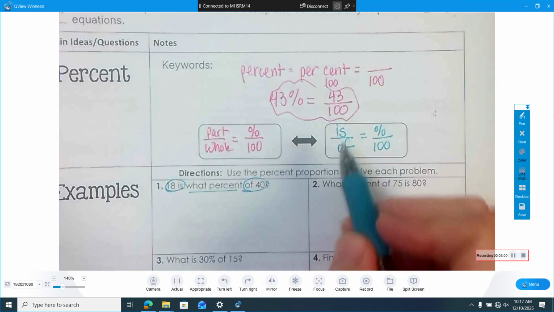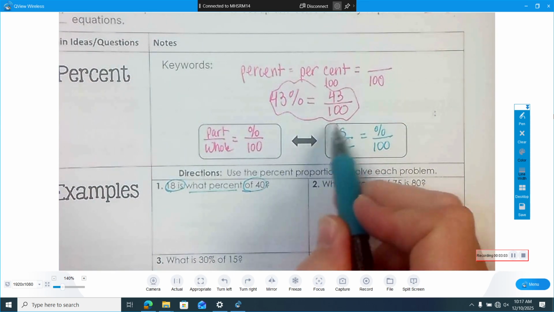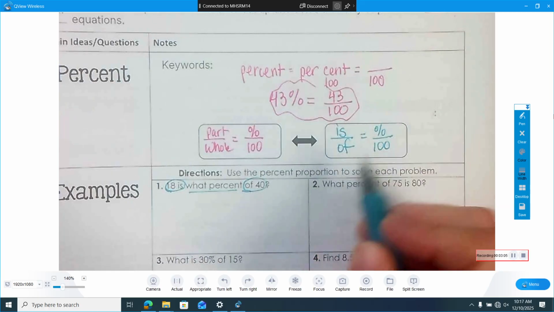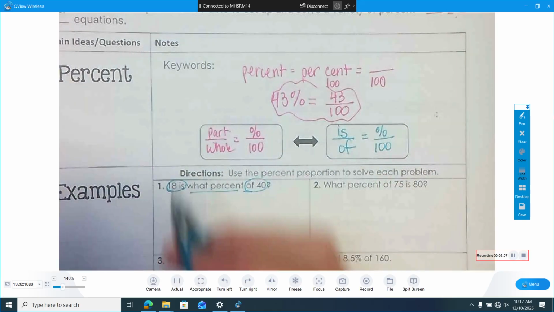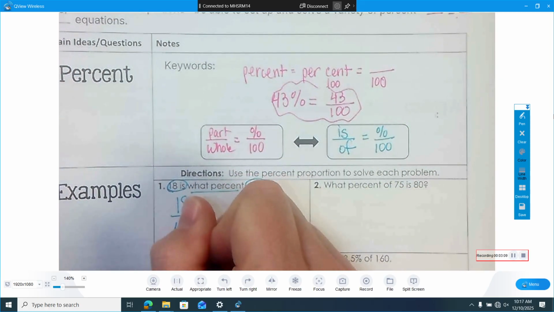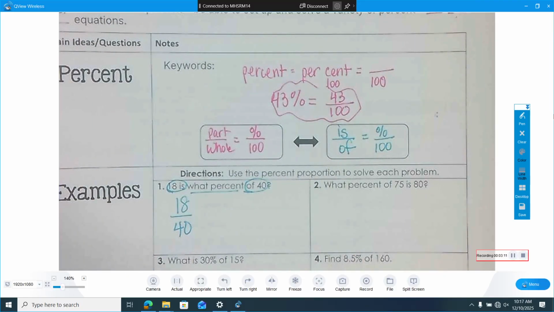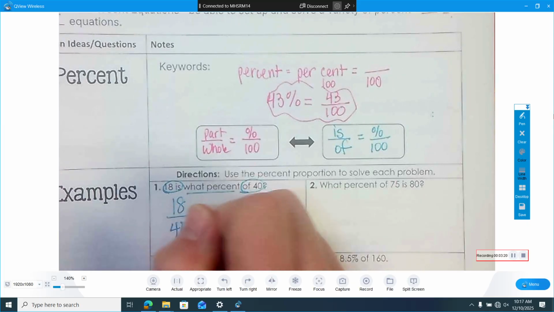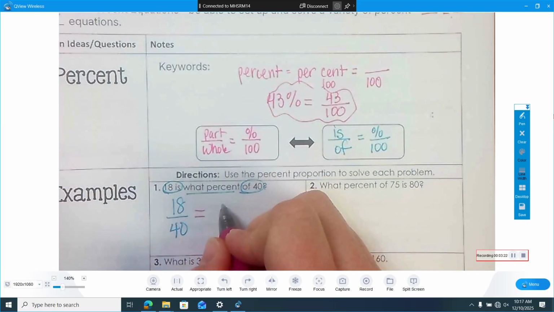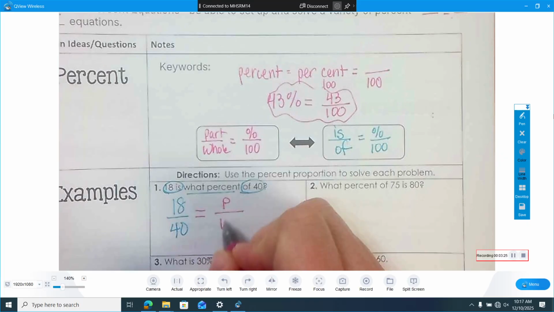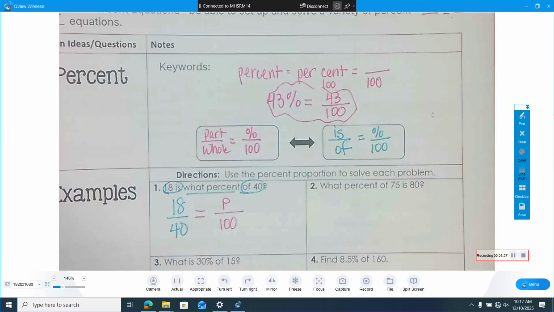They're telling me that 18 is, that matches here, out of 40, and so I have 18 out of 40 right off the bat, just using my little key words to pick out. 18 is what percent? So equal to what percent? That's what we're trying to figure out, out of 100. If we're trying to find a percent, that's some number out of 100. And so this is our really easy setup.